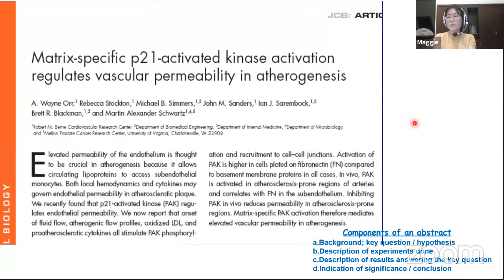Okay, so you can check the components of an abstract in this example. First, they introduce the background and then describe the experiments they have done, and then describe the results and then have their conclusion.